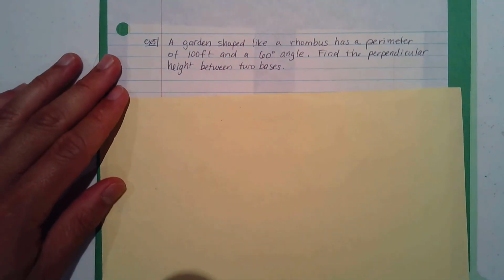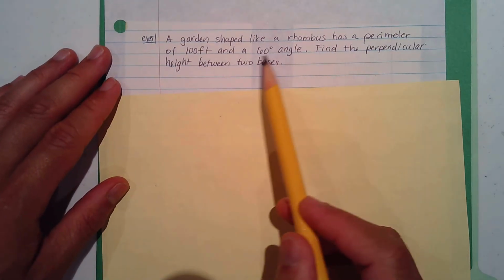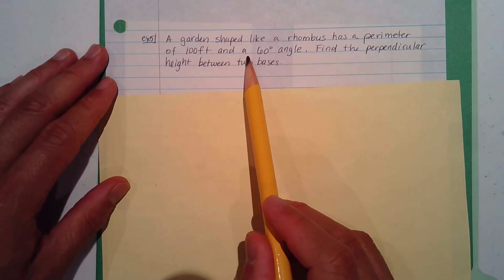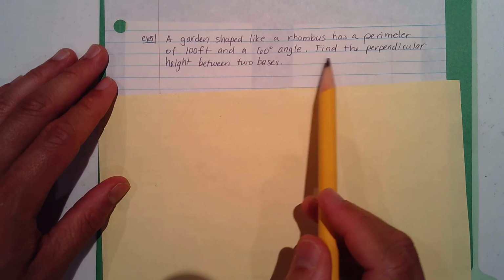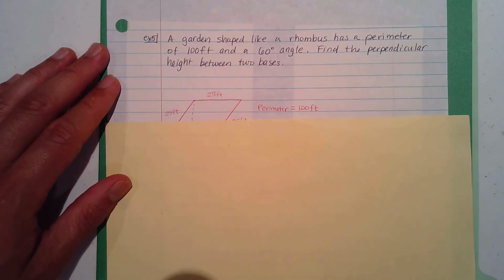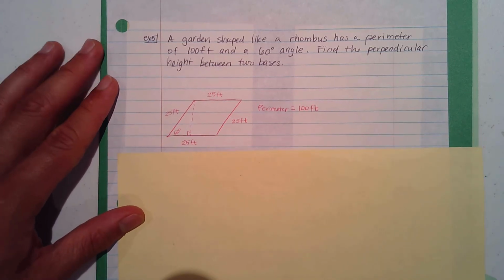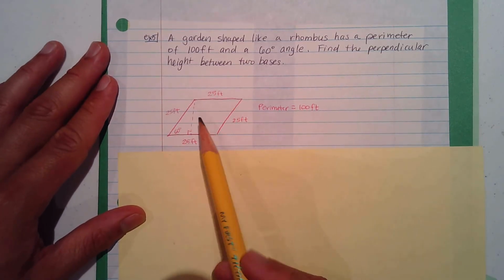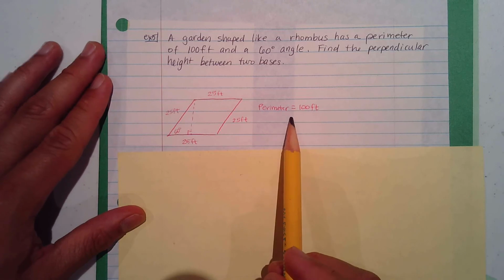All right, last example. A garden shaped like a rhombus has a perimeter of 100 feet and a 60-degree angle. Find the perpendicular height between the two bases. So again, let's draw. So here's our rhombus. The perimeter is 100 feet.